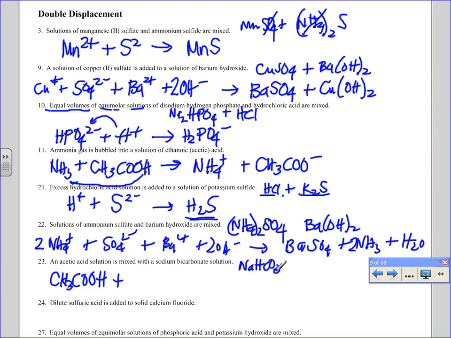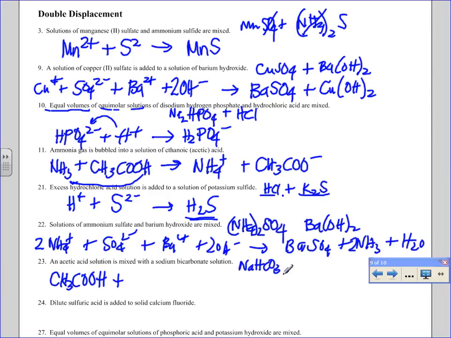So what we're going to have here is a double displacement reaction. So we're going to have the HCO3 combining with the H plus, and then we're going to form sodium acetate. So the sodium is going to be our spectator in this case. Okay, and one of the products is H2CO3.